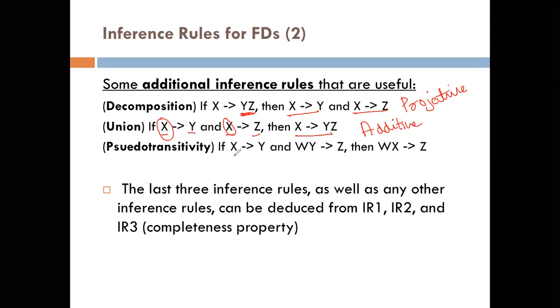Then pseudo transitivity: if x is determining y and wy is determining z, then we can write wx is determining z. This means y is determining z and y is being determined by x, so the place of y can be replaced with x. This rule is called the pseudo transitivity rule.